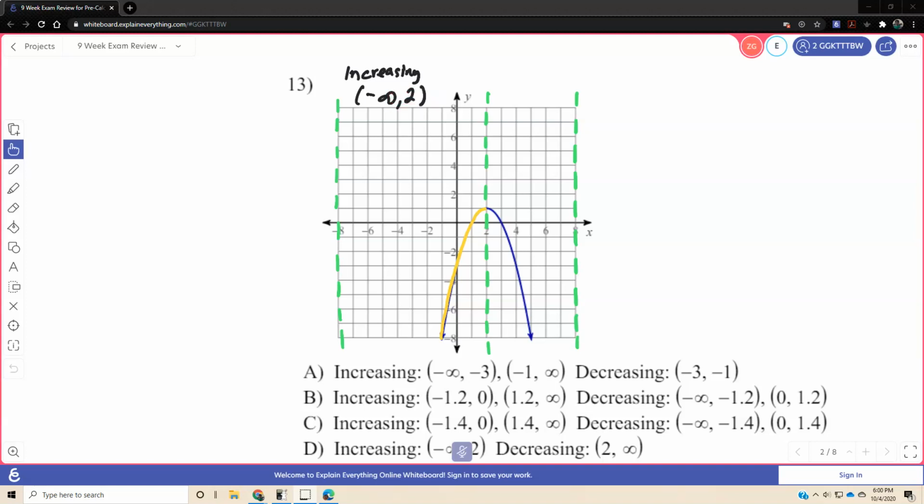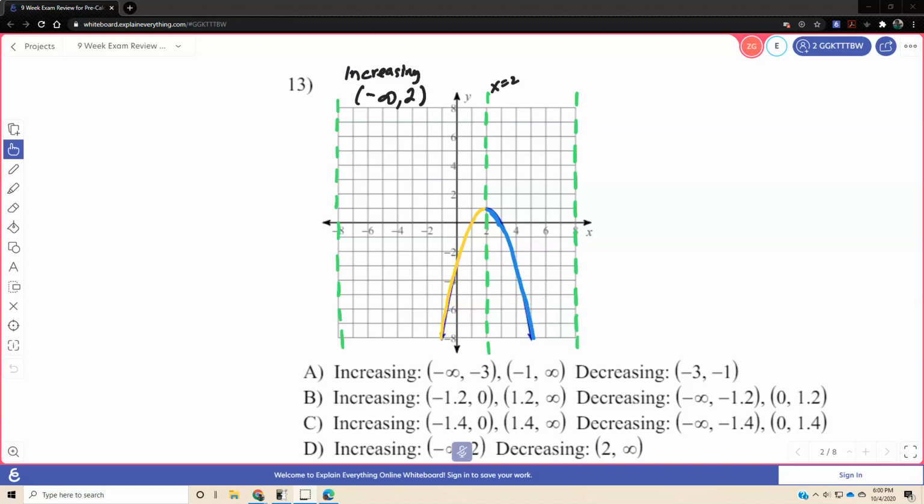Okay, and right here we have x equals 2. Of course, remember that the actual number 2, we don't have brackets because 2 is in transition. So that's increasing. So now if I use the green or the blue to continue to trace, you notice that my graph is decreasing after 2.